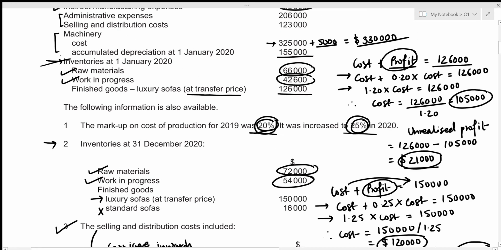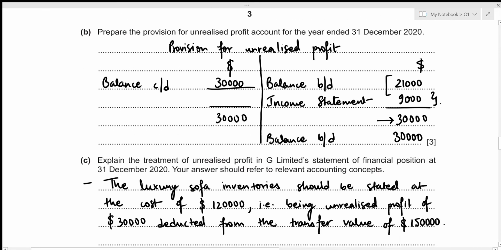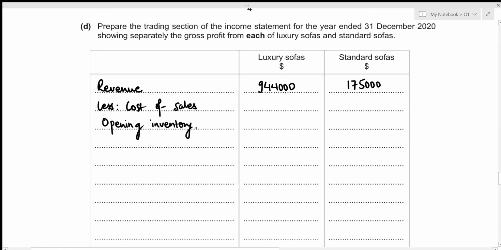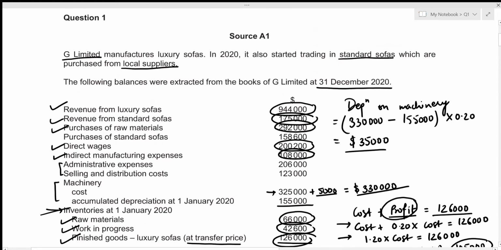The finished goods of luxury sofas at the date of 1st January 2020 is 126,000. Let's record it. $126,000.